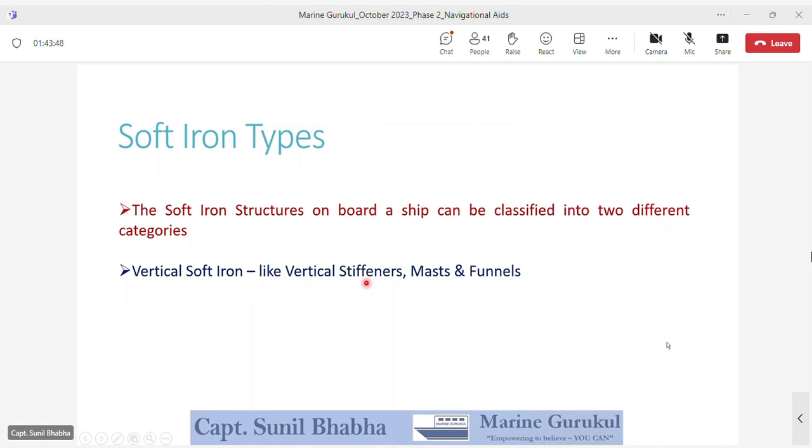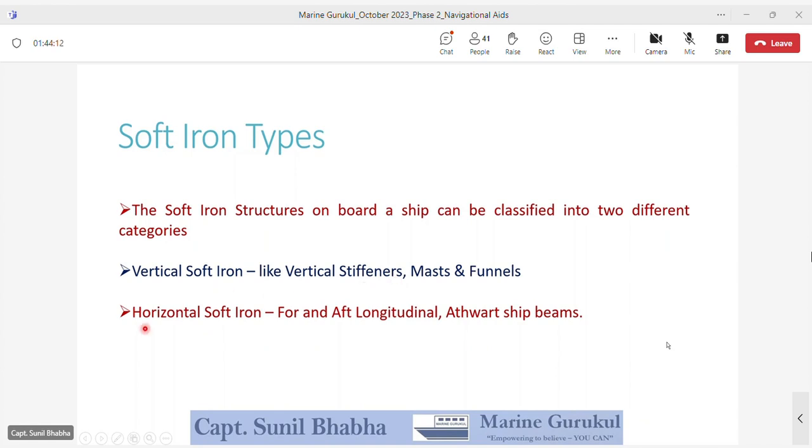It could be the vertical stiffeners. The vertical stiffeners are welded onto the bulkheads, so they have a vertical orientation. Or you could have the masts, forward mast, any cranes, the crane houses, the aft mast, and you have the funnel. All these structures have a vertical orientation on board.